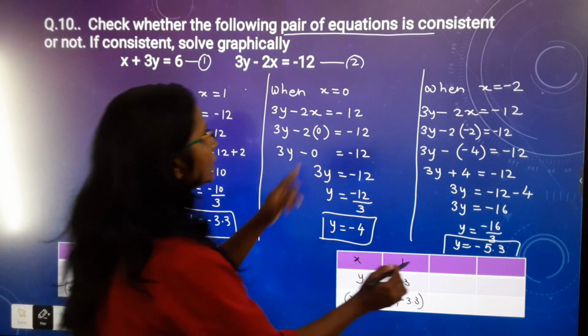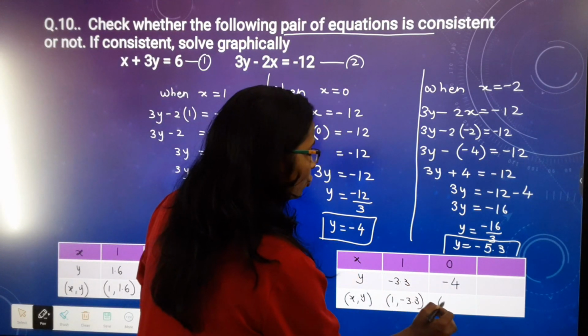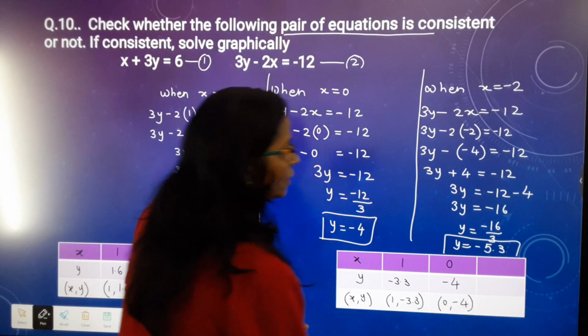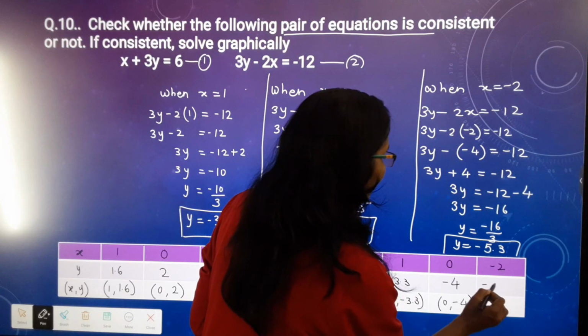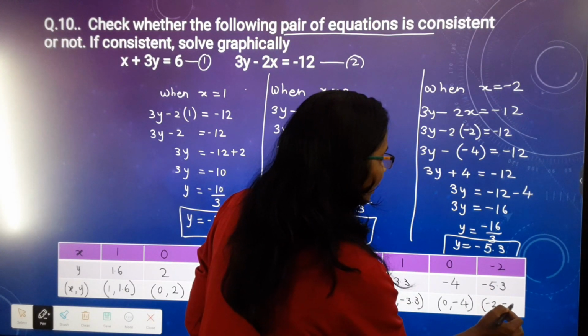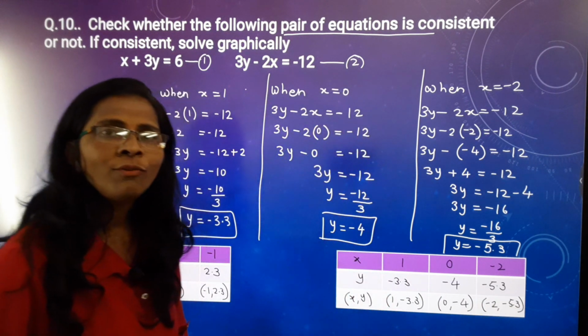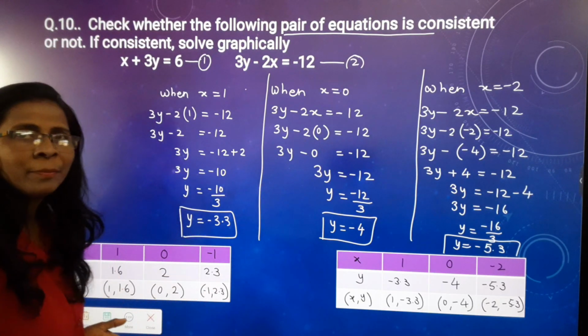For the second value, x is equal to 0, y is equal to minus 4, so 0, minus 4. And for the third, x is equal to minus 2, y is equal to minus 5.3, so the coordinates are minus 2, minus 5.3. Now let us plot these points on the graph paper.